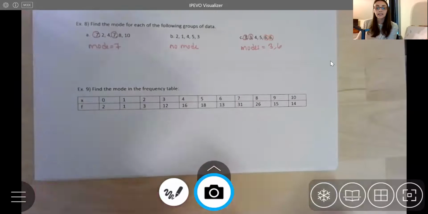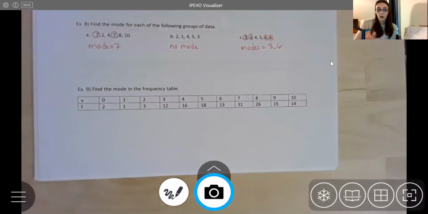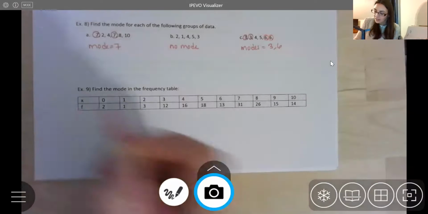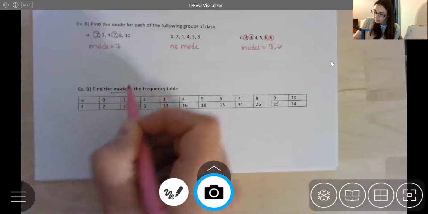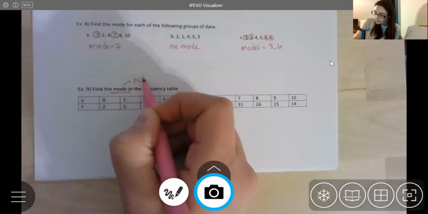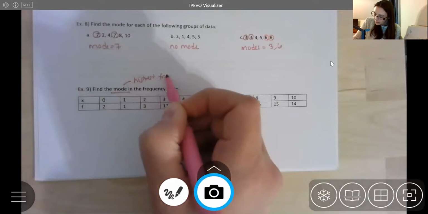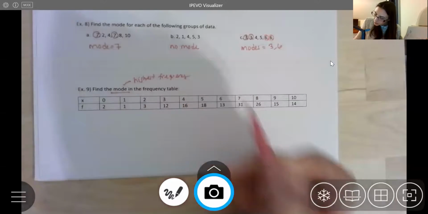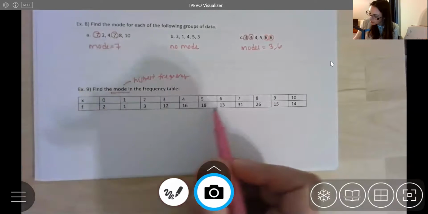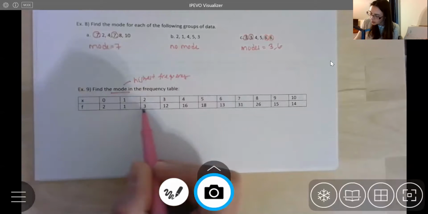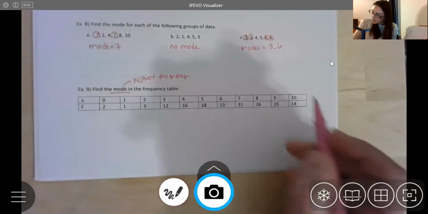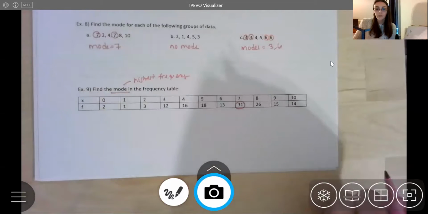Now, if you're using a table, you can find the mode by looking for the highest frequency. So if I look here in the table, I see values of 2, 1, 3, 12, 16, 18, and so on. And the highest value I see is 31.